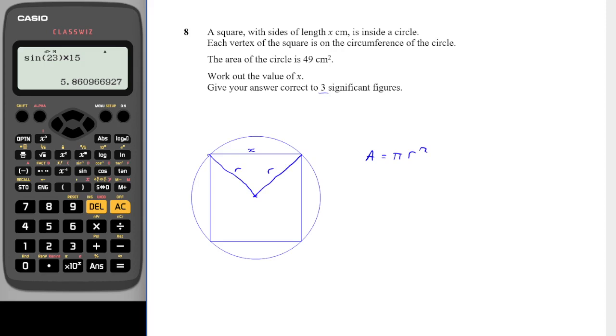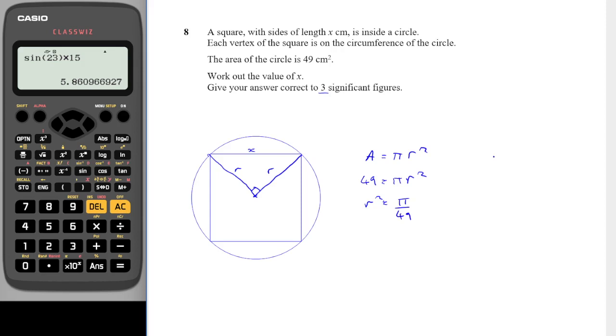So I'm going to say that the area of the circle, which is 49, is equal to pi times r squared. And that actually works quite nicely for me. So r squared is going to be equal to 49 over pi. And I'm going to stop there for now.